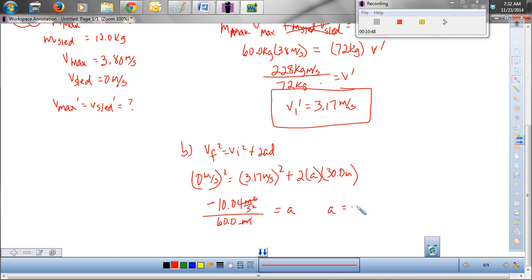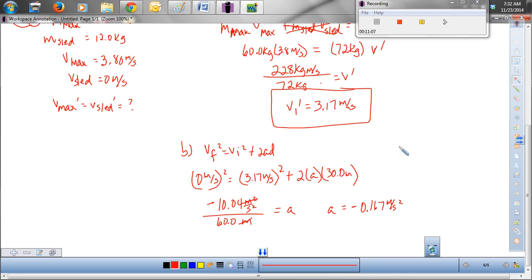So A is going to be pretty much negative 1/6, which is about 0.166, so let's see what's going on with that. 60. 0.167, there we go, negative 0.167 meters per second squared.